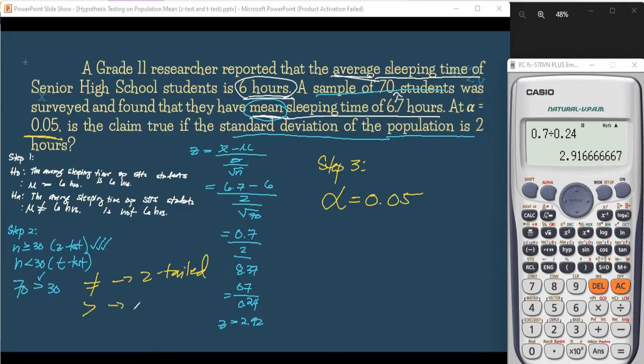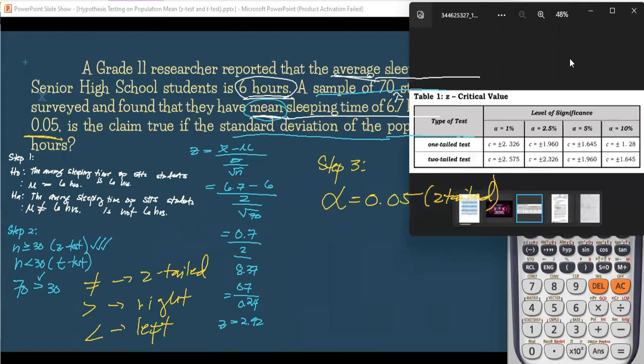Kapag greater than po, one-tailed, and it is tailed to the right. At kapag left naman po or less than, that is tailed to the left. So lagi po itong tatandaan. So this is an equal sign, alternative. So therefore, this is two-tailed. Ngayon po, using our table of values, check po natin.